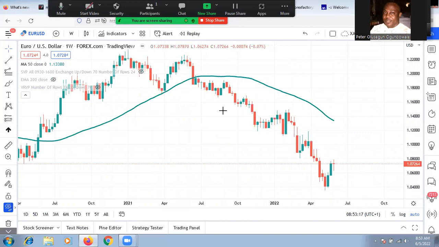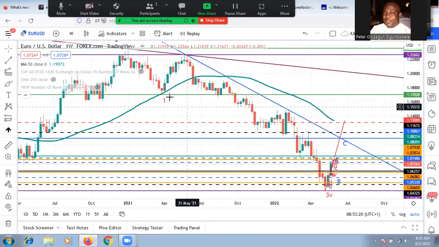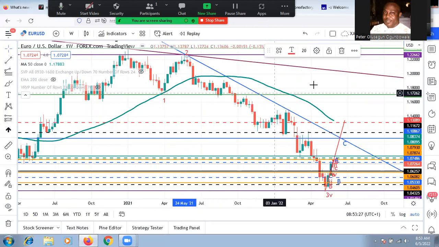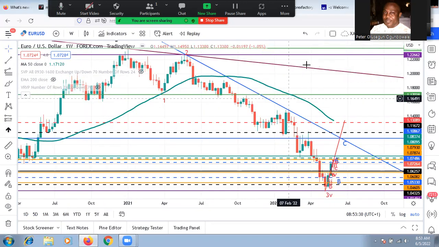To make it faster, so we can see I've done this. The 2 actually ended here. So this is where 2 started. This is 1 here. It started here, 1 ended here, then 2 started from here, and 3 had ended here.